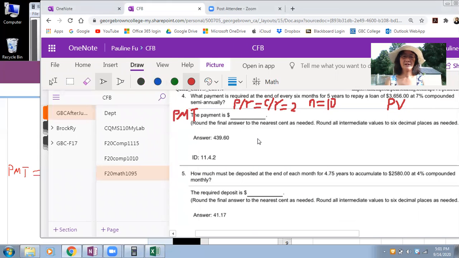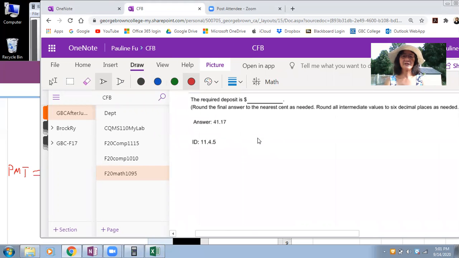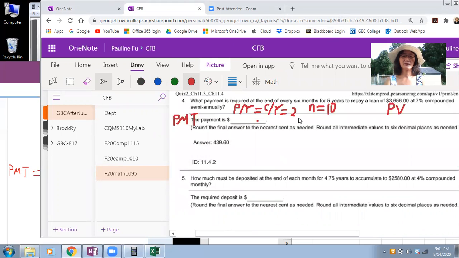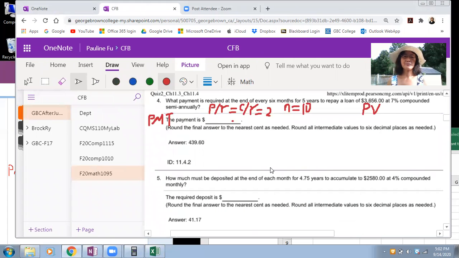Okay, last question in this video. Question 5. How much must be deposited at the end of each month for 4.75 years to accumulate to $2,580 at 4% compounded monthly? So question 5.